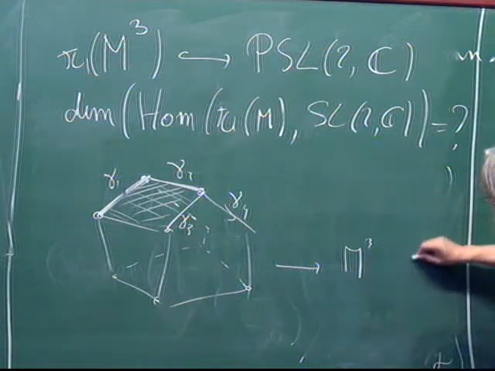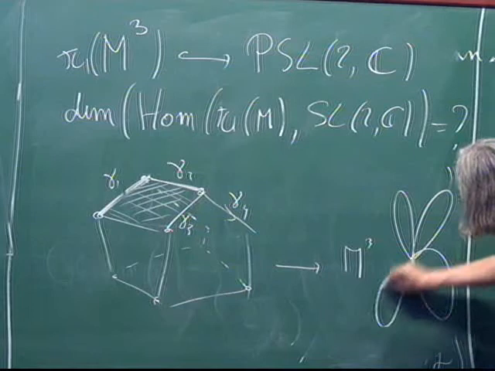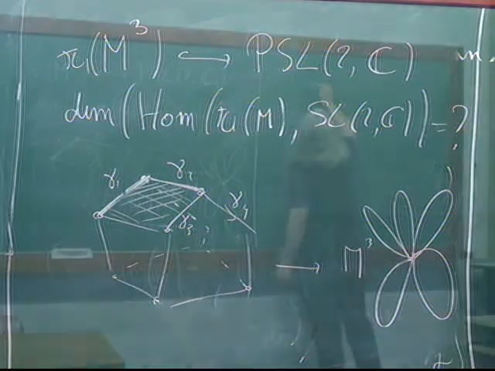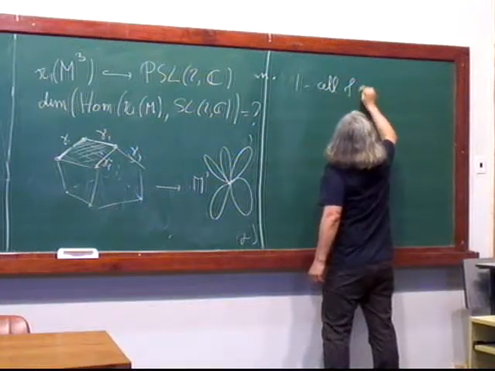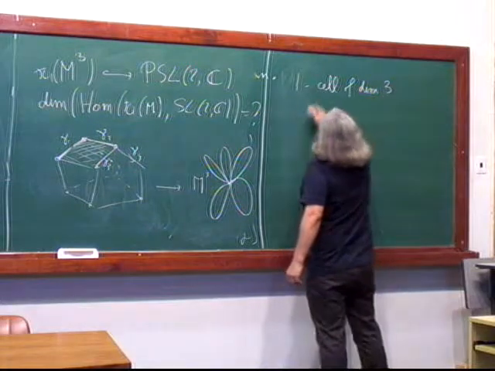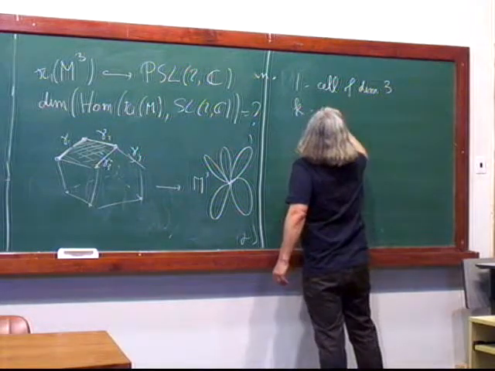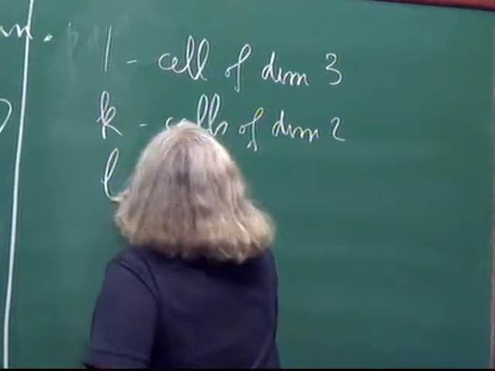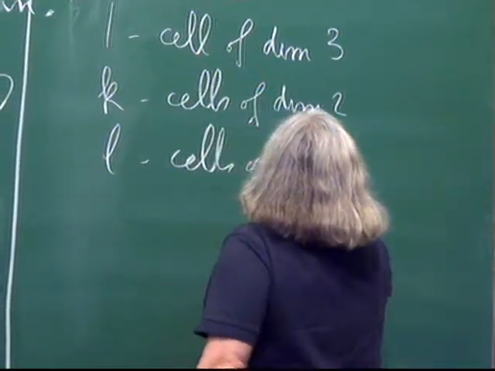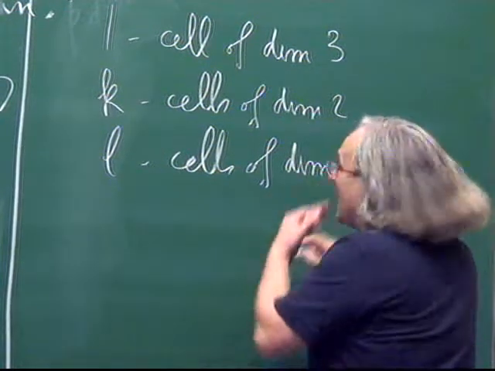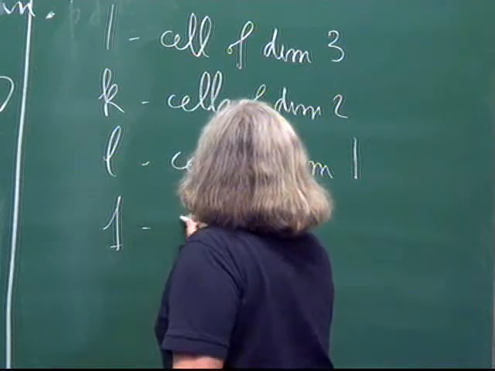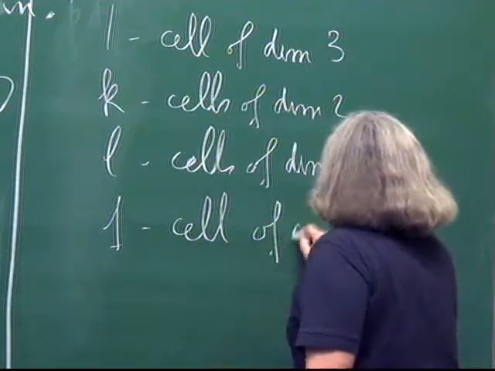If I go to the quotient, I get a cellular decomposition of the 3-manifold, having one cell of dimension 3, K cells of dimension 2, L cells of dimension 1, and one cell of dimension 0.